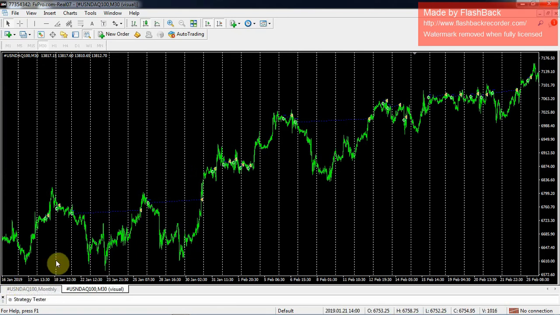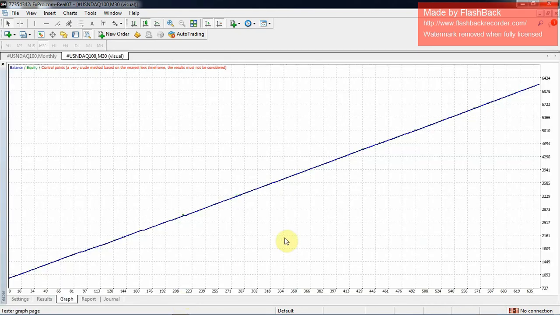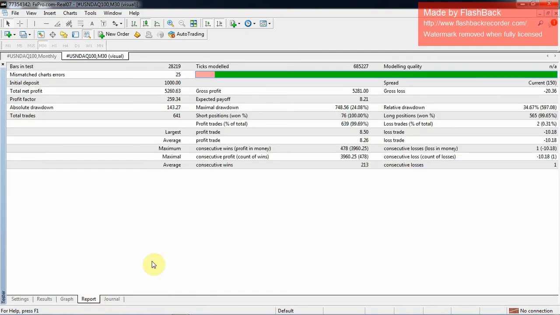So that's where the backtest started. Let's see the reports. Initial balance 1,000. Total net profits 5,260. Relative drawdown 34.67%. Consecutive wins 213.